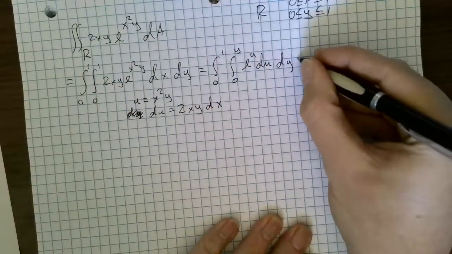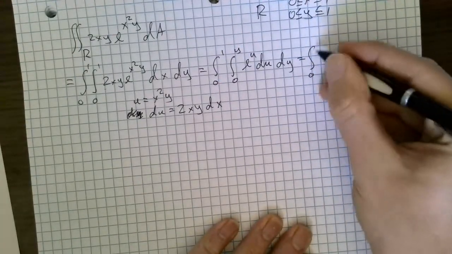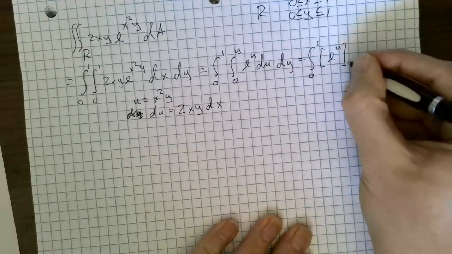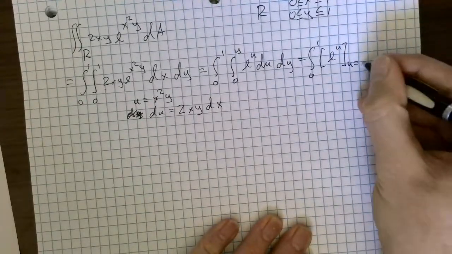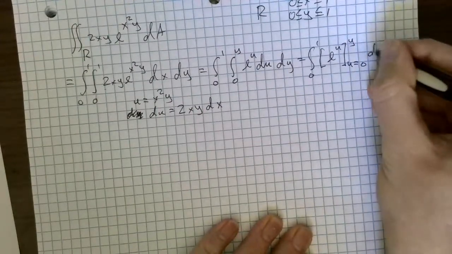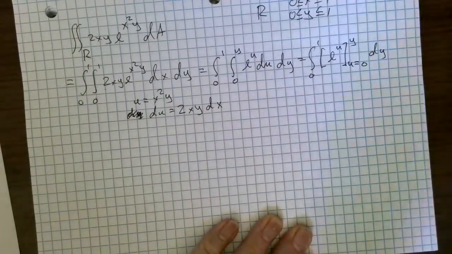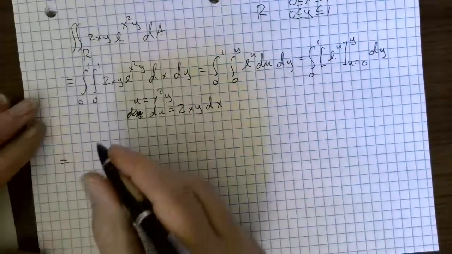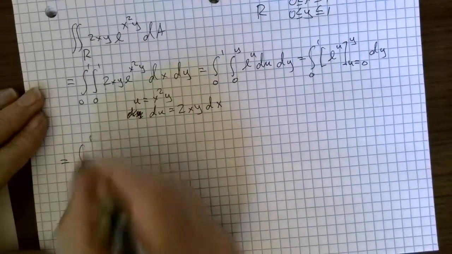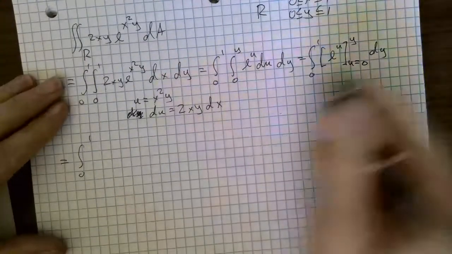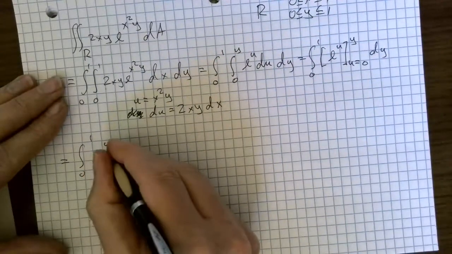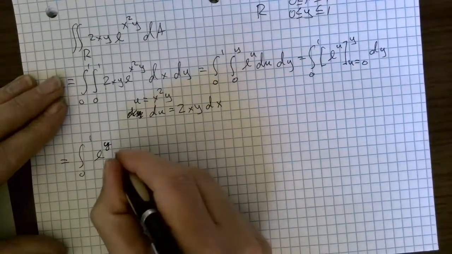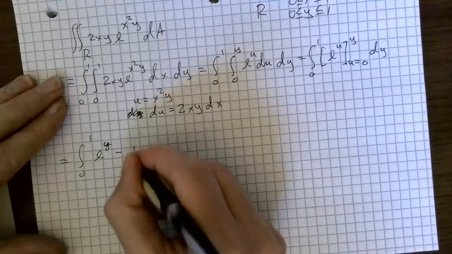So now that's easy to integrate, easy to anti-differentiate. E to the u, and u is going from 0 to y, so I'm just evaluating at y and 0. So that thing is equal to the integral from 0 to 1 of e to the y minus e to the 0, so that's 1.